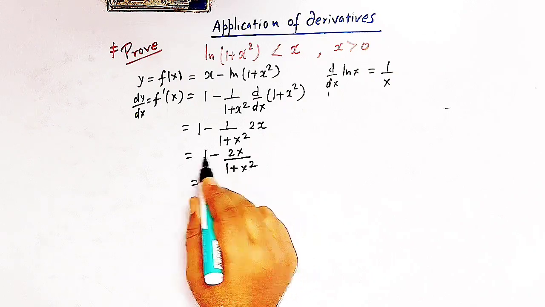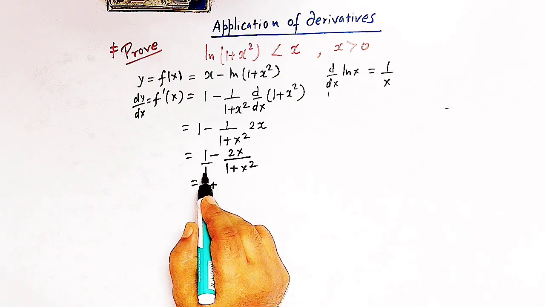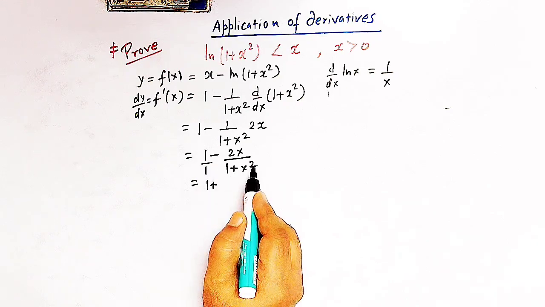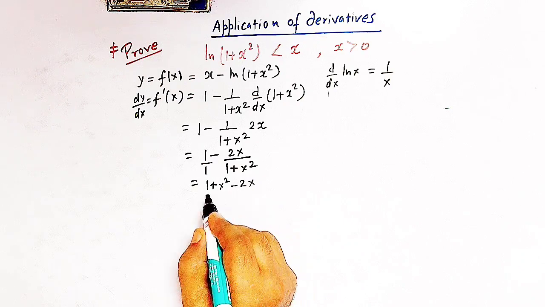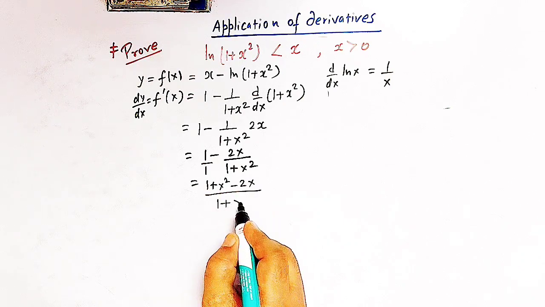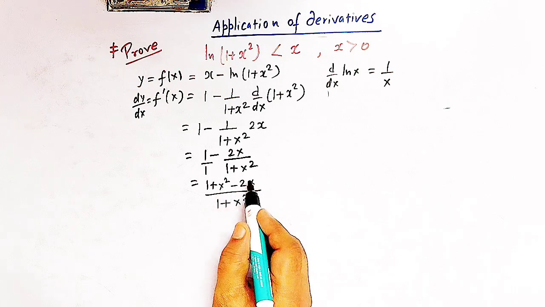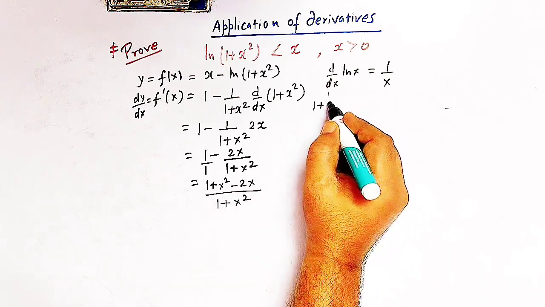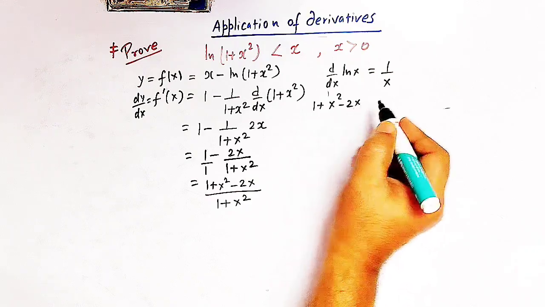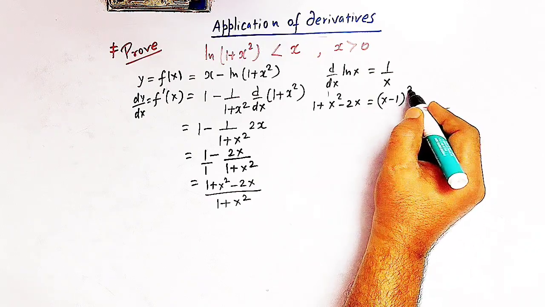So let us simplify it. We can take the LCM here, 1 and 1 plus x square. So we have 1 plus x square minus 2x divided by 1 plus x square. Now in the numerator we have a trinomial, and 1 plus x square minus 2x is equal to x minus 1 whole square.